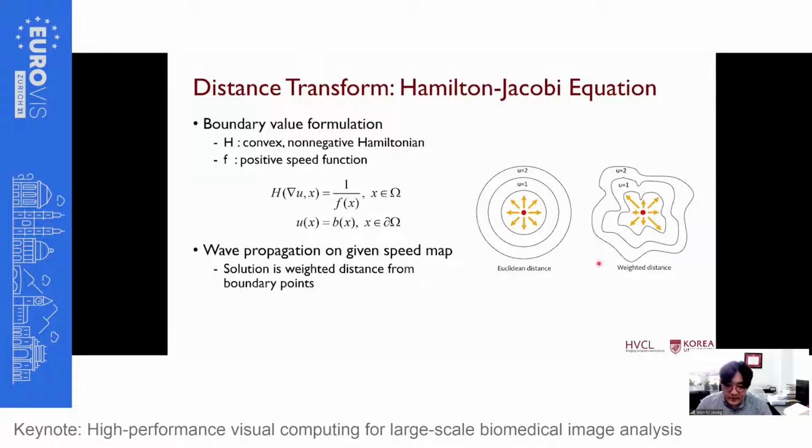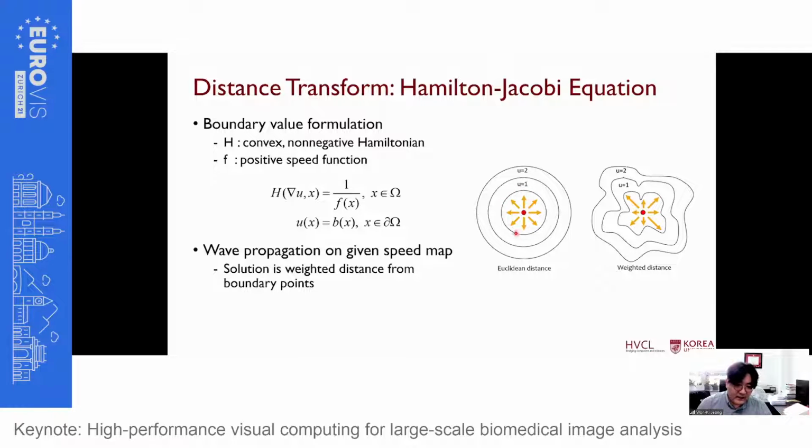So one direction that we pursued in the past was making numerical computation faster. And one example that I want to introduce here today is the distance transform. Distance transform is basically computing the distance from a given source. For example, here, the red dot at the center is the starting point. If we use isotropic speed, then starting from this point, you can think of a wave propagating from this source.